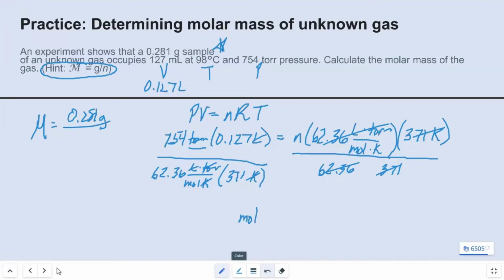754 times 0.127 divided by 62.36 divided by 371, to 3 sig figs, 4.14 times 10 to the negative 3rd moles. So that's what I'm going to put back into my original equation.